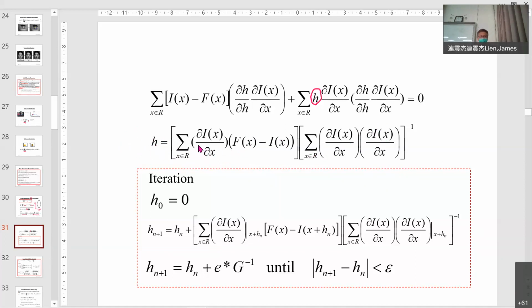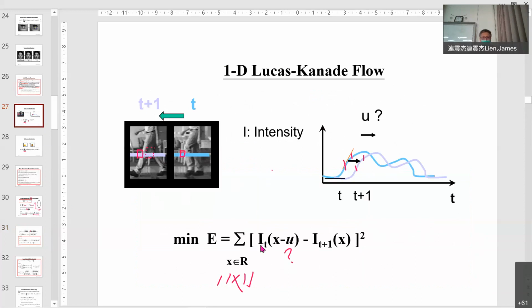So what's your answer? Your answer is in the denominator term. This is the x derivative, the derivative along the x direction in the image. This is a 1D case. So only 1D, so u is x.